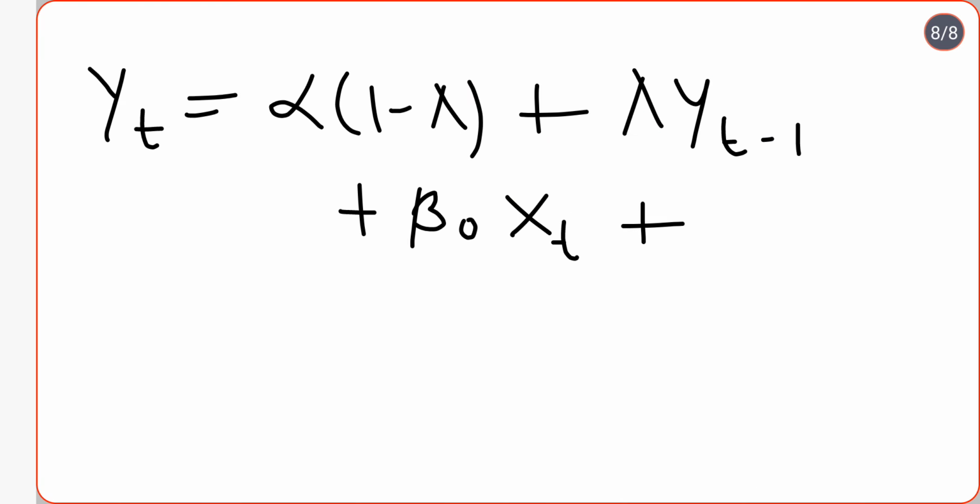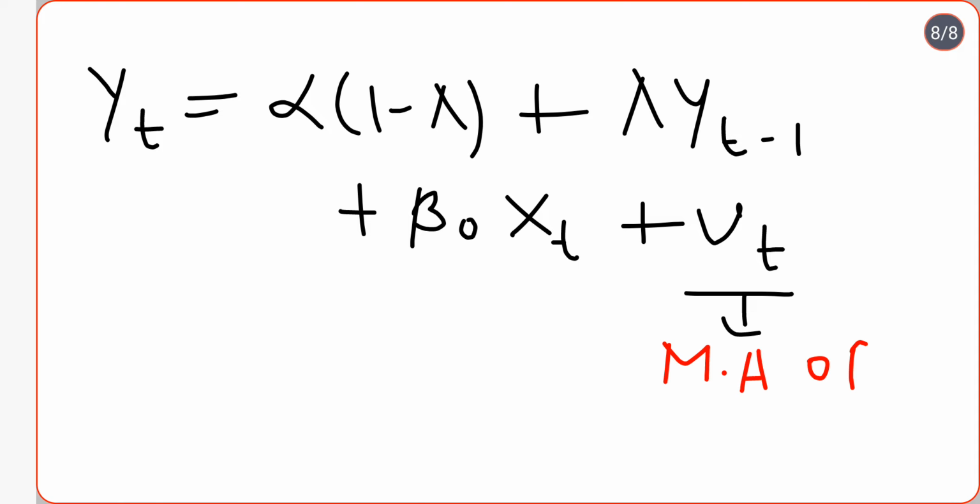Here vt is nothing but the moving average of ut and ut minus 1.